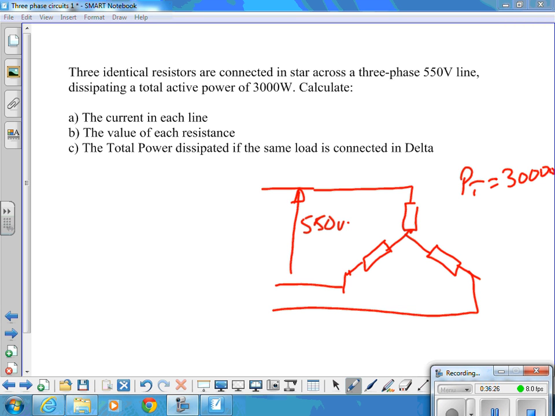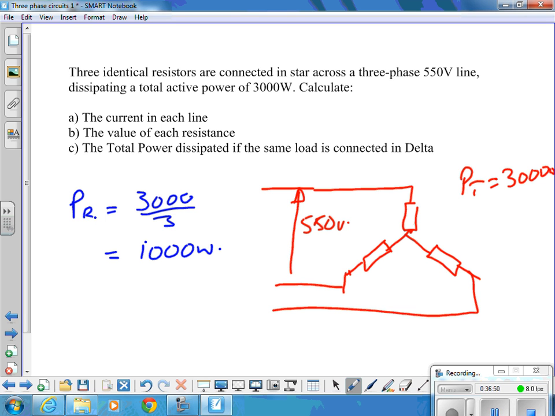What's the total power? 3000. So what's the power of each of them? P is 3000 over 3, which is equal to 1000 watts. So we might be able to do something with that.